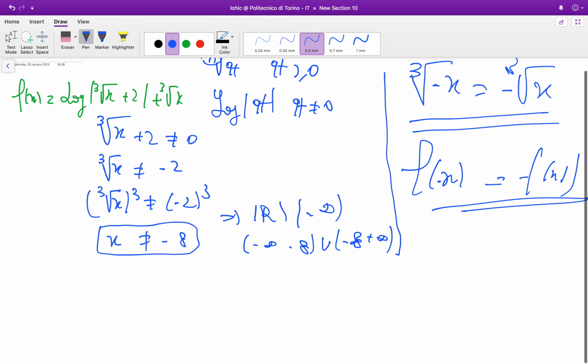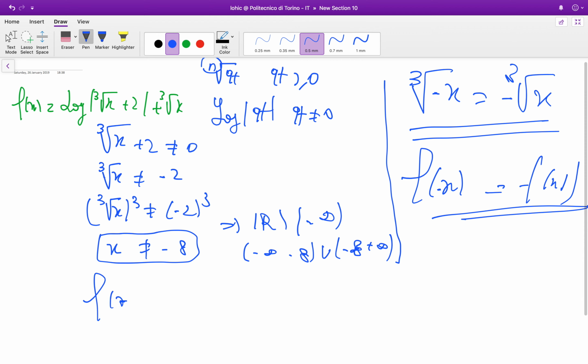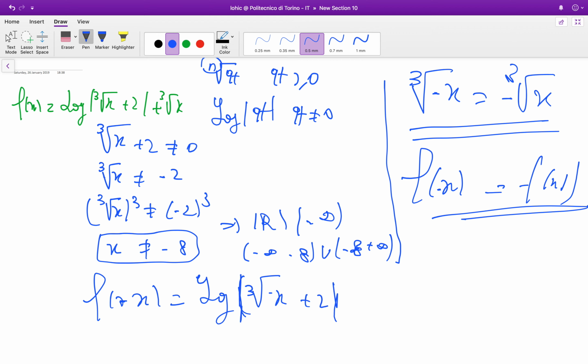Why? Because if you try to do f of minus x, it will just be the logarithm of the absolute value of the cubic root of minus x plus 2, plus the cubic root of minus x. Nice.